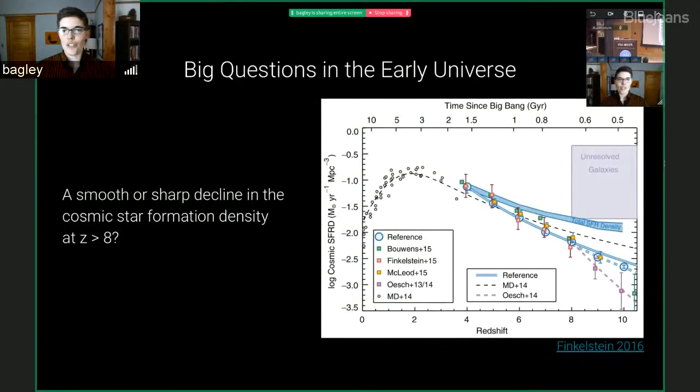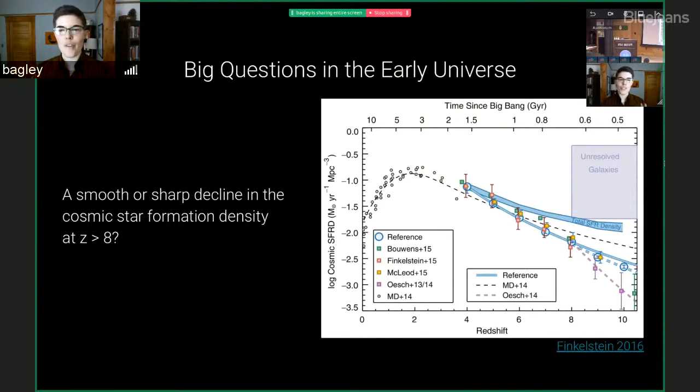As we heard from Yuichi's excellent talk, this is strongly connected to the cosmic star formation rate density. I'm showing here a plot with very pre-JWST results, showing the cosmic star formation rate density as a function of redshift. What's important to note is that up to redshift 8, observations generally agreed, and towards higher redshifts, observations started to disagree.